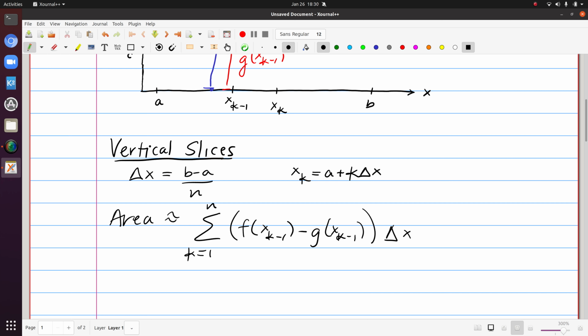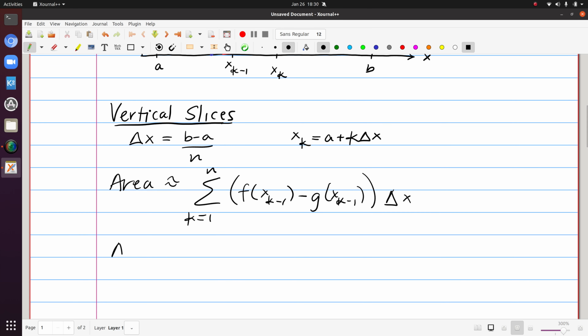And as we've seen before, now I can think about taking the number of rectangles n, sending that to infinity, and from this I can see that that Riemann sum, if I let n go to infinity, then I should get the exact area. And like I said, I just arbitrarily did a left-hand sum before, but for any of these Riemann sums, this will become the integral.